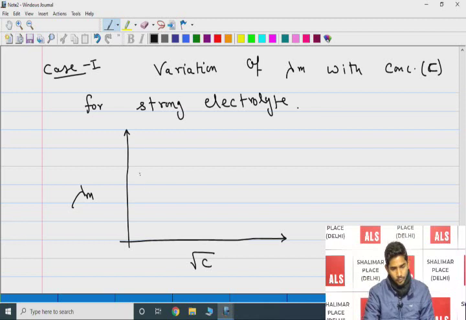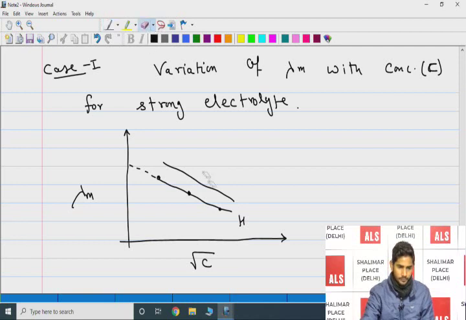When we observe this graph, it actually looks like this. This is for KCl and this is for HCl.